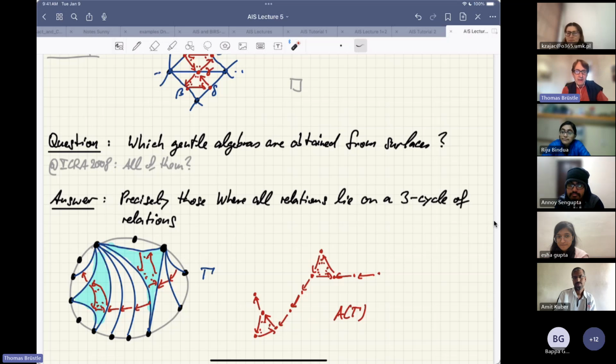But I was really stuck in my mind that no, this is not possible. You don't get all of them. And then, fair enough, other people started thinking about it, and they were able to create all gentle algebras from some configurations of arcs on a marked surface.